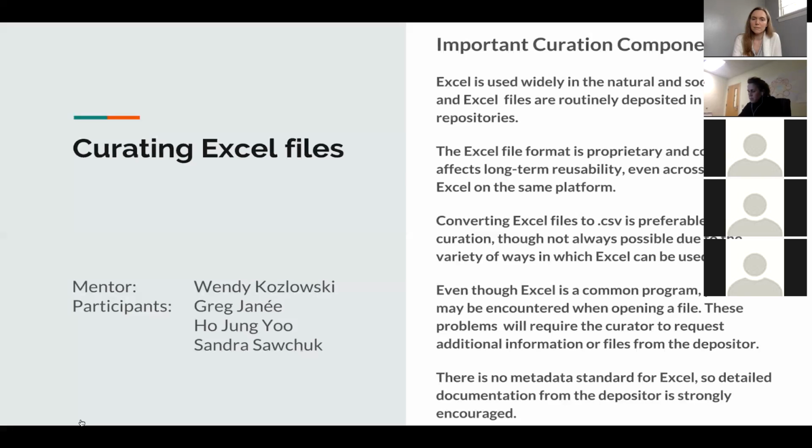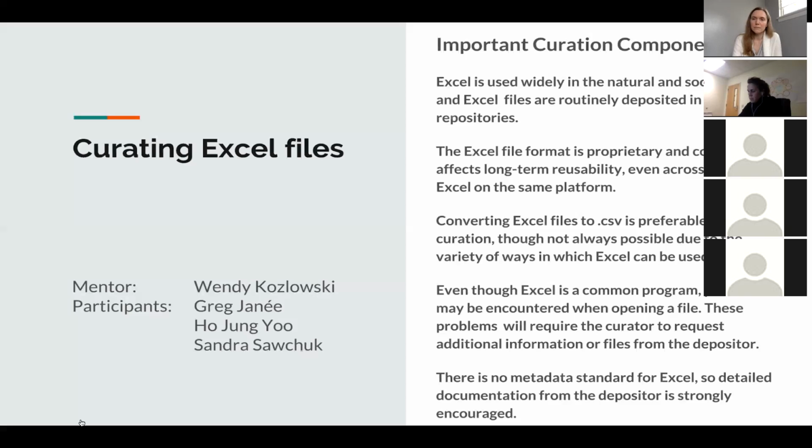There are also cross-platform problems. Until very recently, the 2016 release of Excel for Mac, there were, and there still are, differences between the Mac and PC versions. Notably, some differences include the 1900 versus the 1904 date encoding.